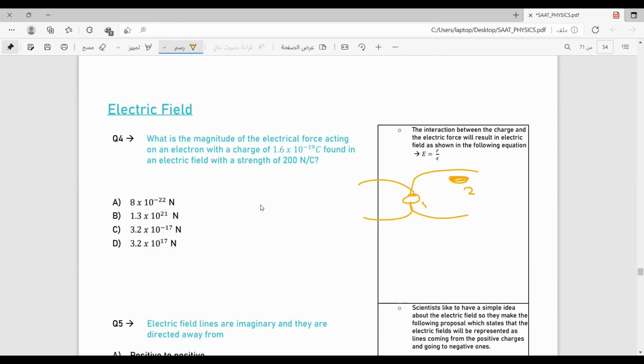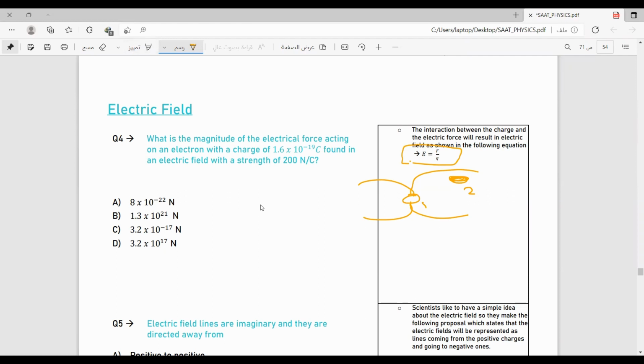All right, there is a formula that explains this, stating that the electric field equals the force over the charge itself. So based on the force and the charge, we get the electric field.